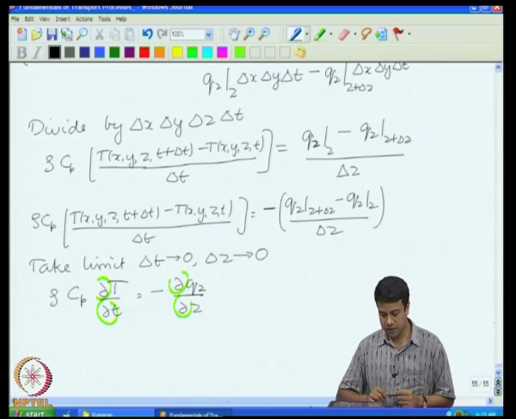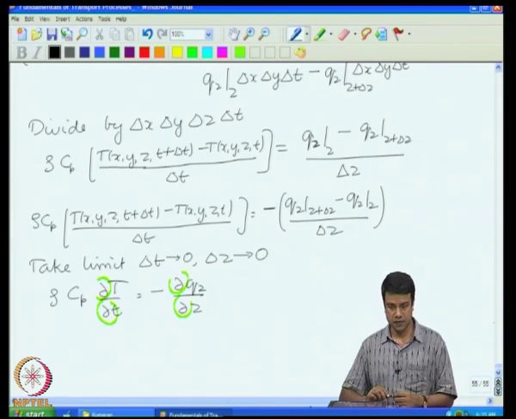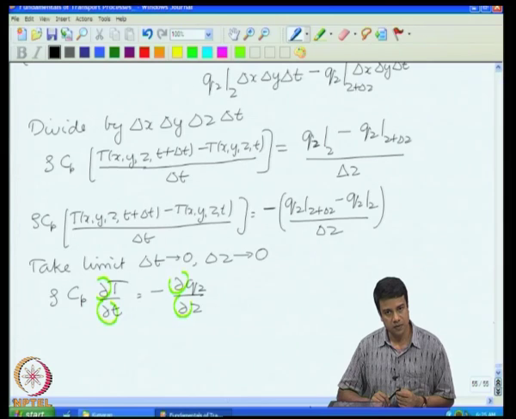So, this equation basically tells me how the temperature changes due to the flux through the system. In order to get an equation for the temperature alone, I need to have some way of calculating the flux in terms of the temperature, and that is where Fourier's law for heat conduction comes in.